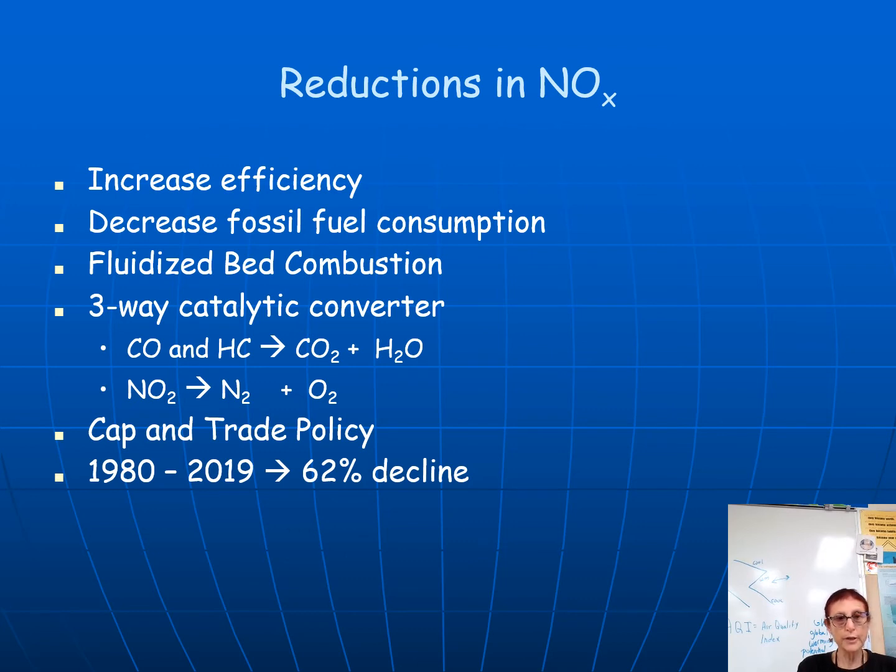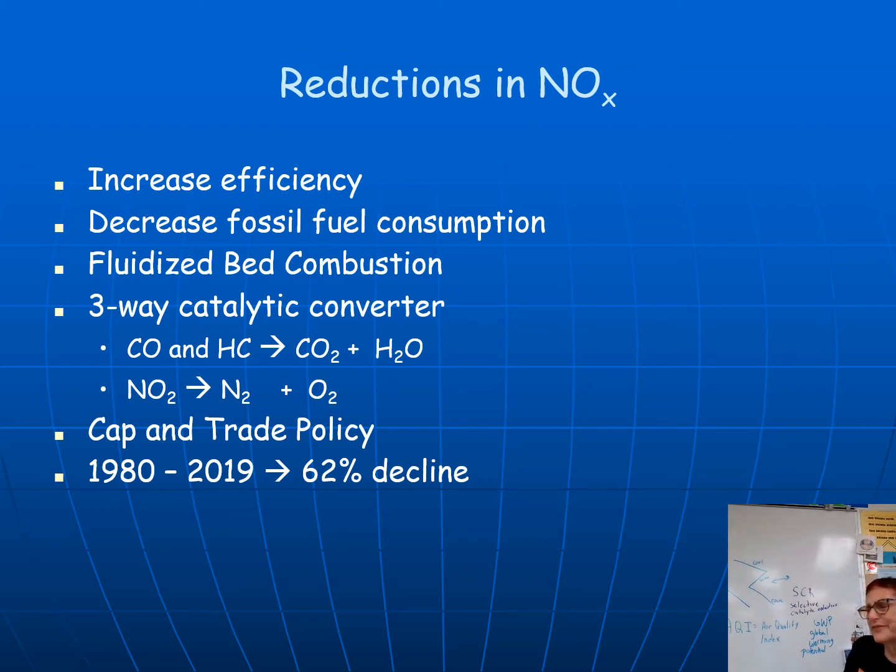When you look at power plants, in industry, the way that nitrogen oxides are being addressed there is by a device called a selective catalytic reduction unit, SCR, which stands for selective catalytic reduction.